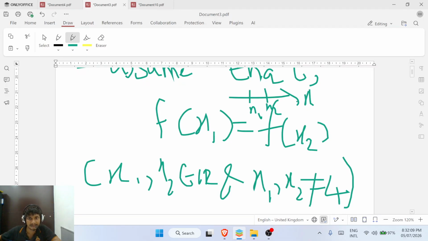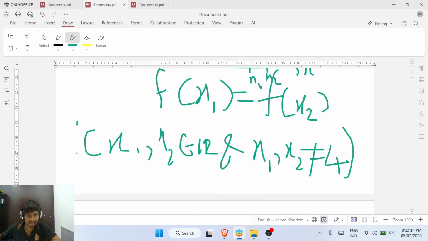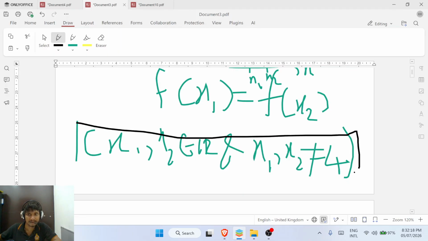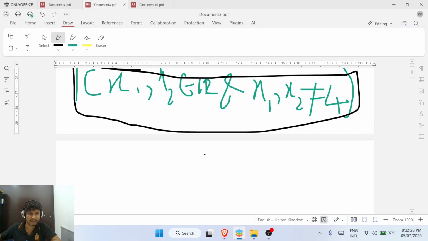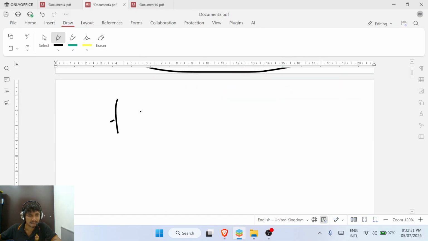Please write it like this: x1, x2 belong to the real number set and x1, x2 are not equal to 4. This is very good for engineering students. That is okay. Now we have said that f of x1 is equal to f of x2.